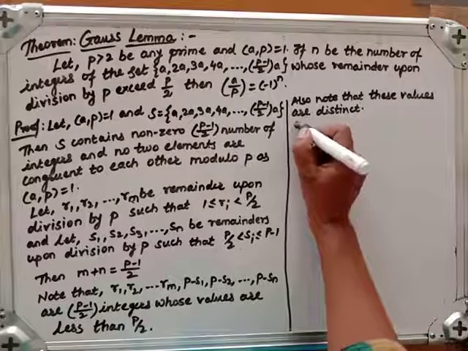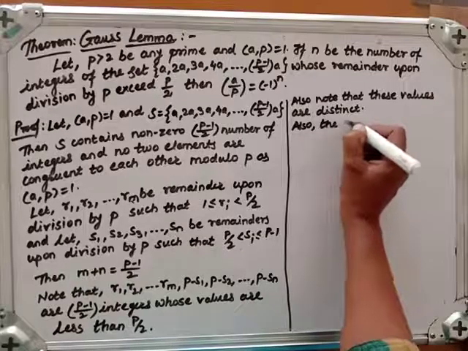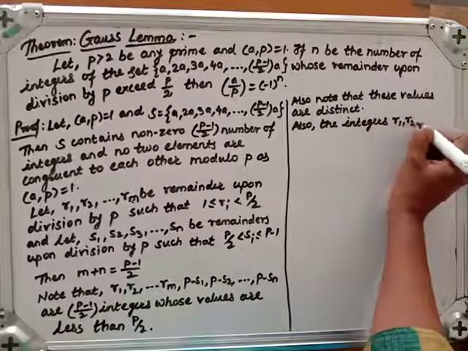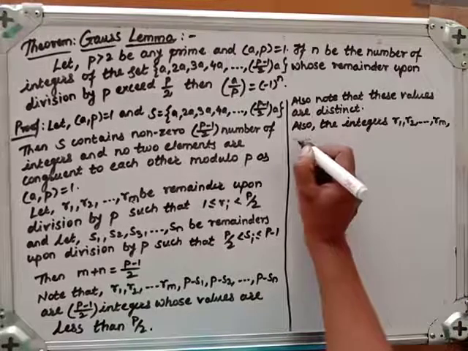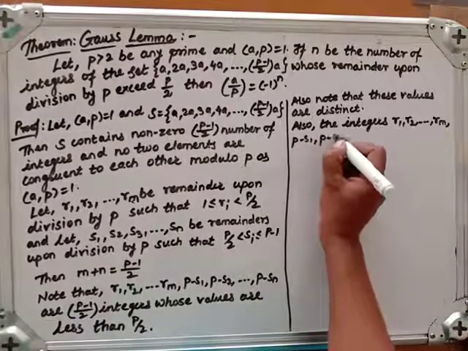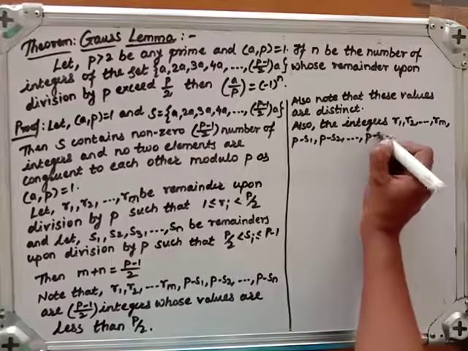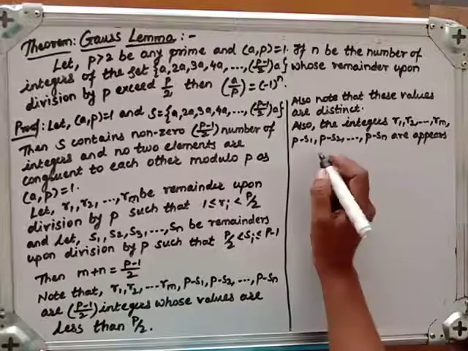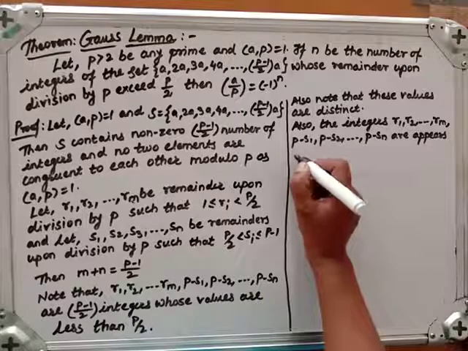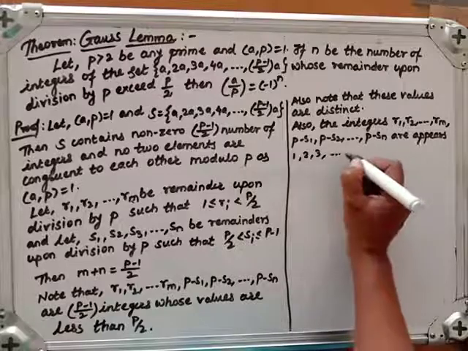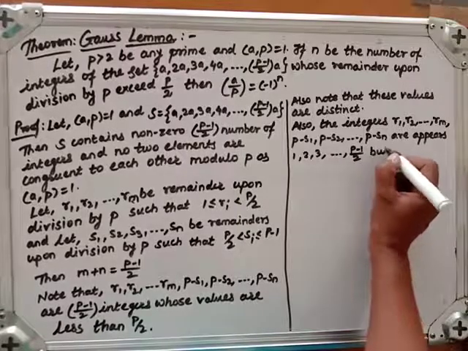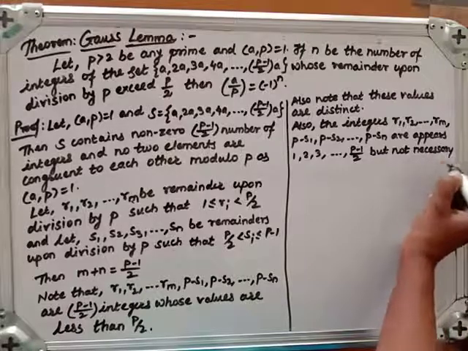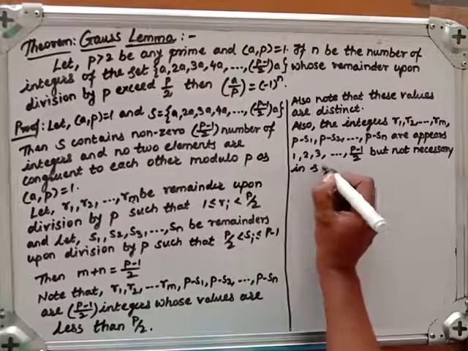Also the integers r1, r2 and so on up to rm, p minus s1, p minus s2 and so on up to p minus sn appear as 1, 2, 3 and so on up to (p minus 1) by 2, but not necessarily in the same order.